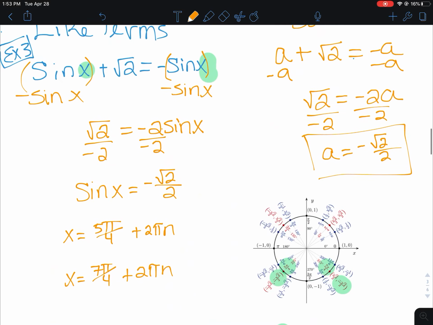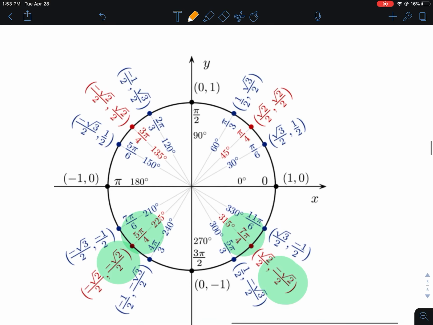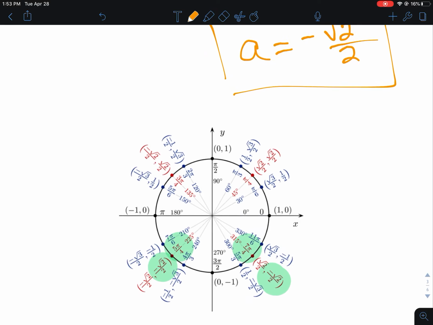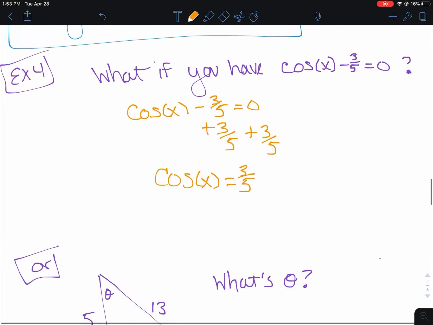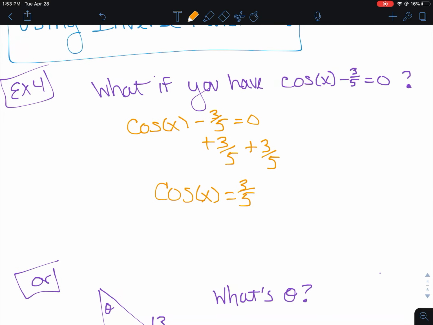And 3/5, if you look at your unit circle, where'd that puppy go? I don't see 3/5 other than in a radian, and not even there, right? Yeah, no. I don't see 3/5 anywhere, right? So if we can't use the unit circle, that's where the inverse function comes into play.